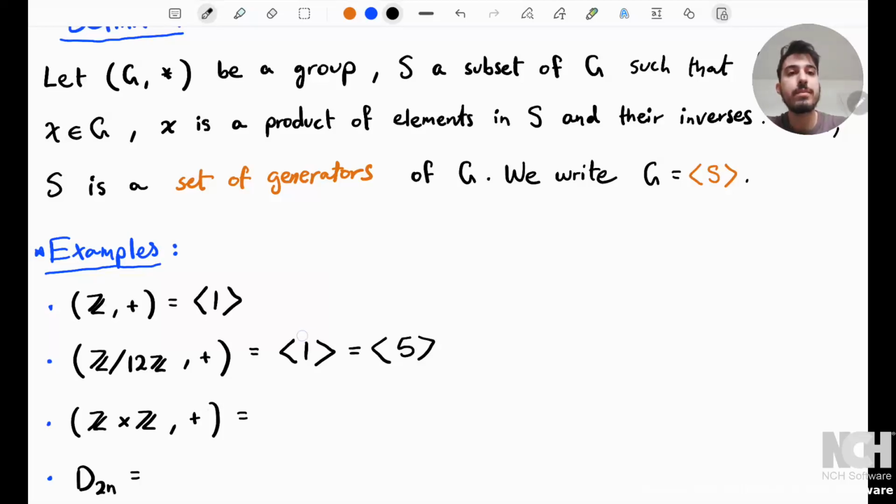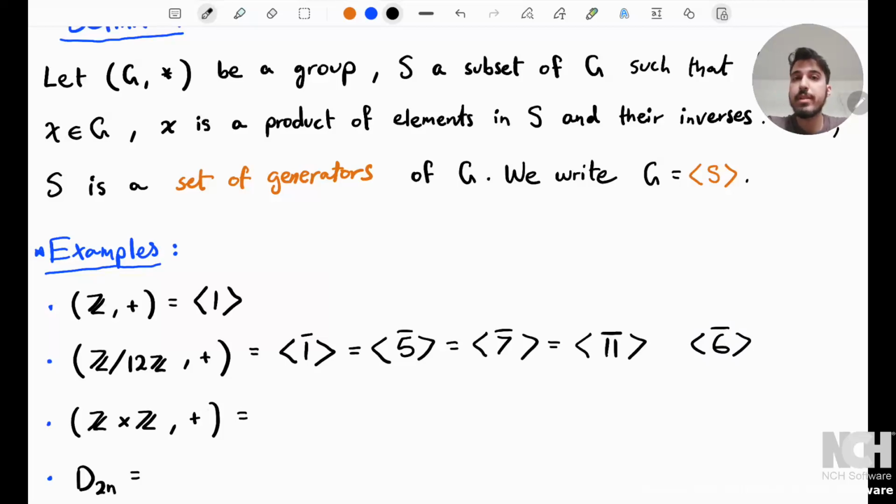And also you will see that if you have a generator of 7, that works as well. 7 is co-prime to 12, so it generates all of the elements of Z mod 12Z. And lastly, we also have 11 as a choice of a generator. Now, if you want to see a counterexample, let's say 6.